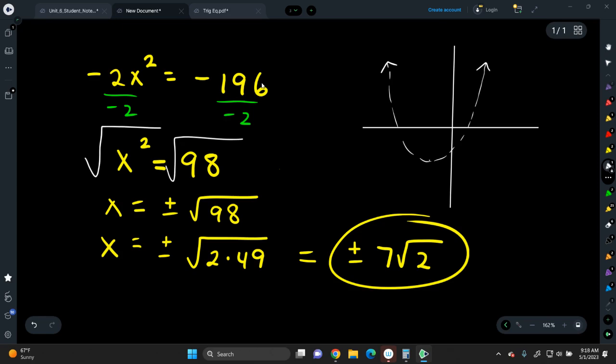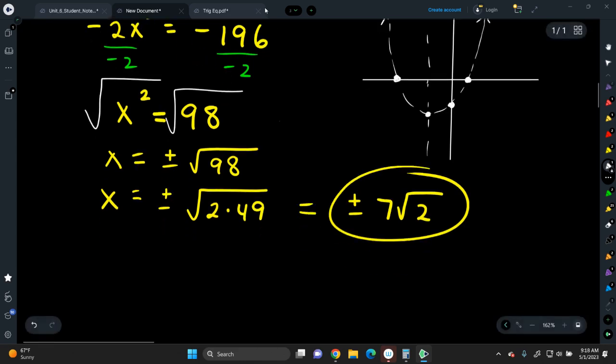And we know how to find the axis of symmetry, the vertex, and where it crosses the y-axis. When we solve it, we're finding where it crosses the x-axis. That's another very important part of the parabola.